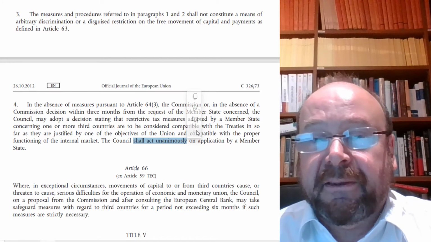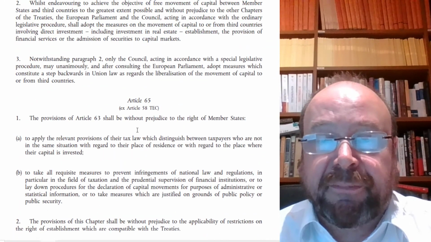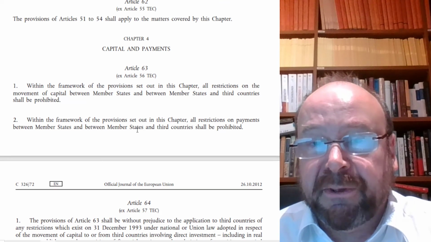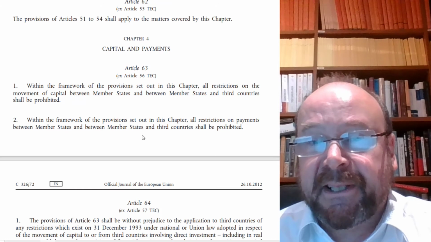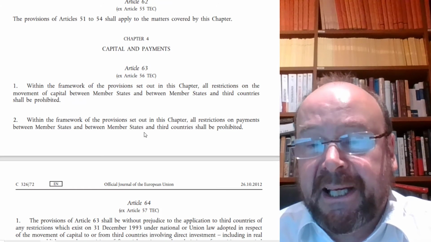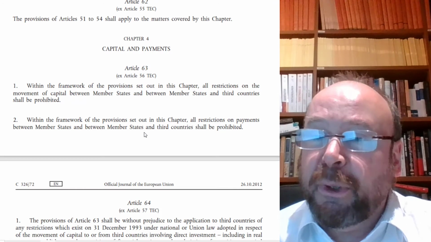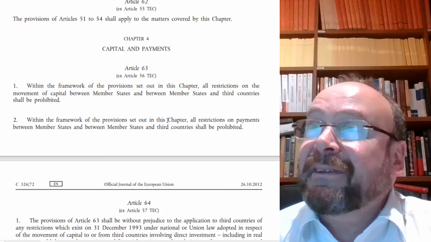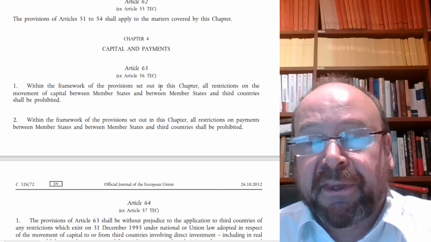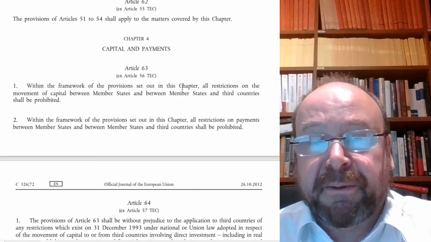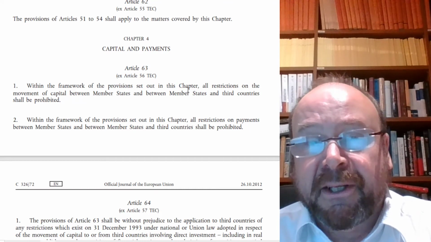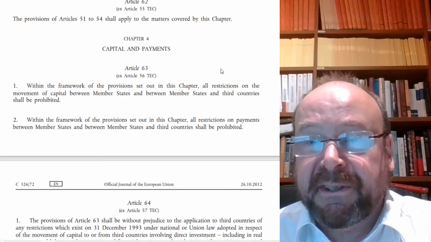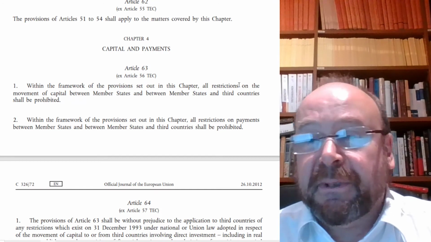So here you see the background is clear. You are not allowed to bring forward any restrictions of the free movement of capital. That also clearly extends to the field of taxation. And that means if you were willing to treat dividends differently in tax law, you would probably directly end up with difficulties, because then there would be a conflict with Articles 63 to 66, which say, no, you have to renounce every obstacle and every discrimination concerning investment in third states.